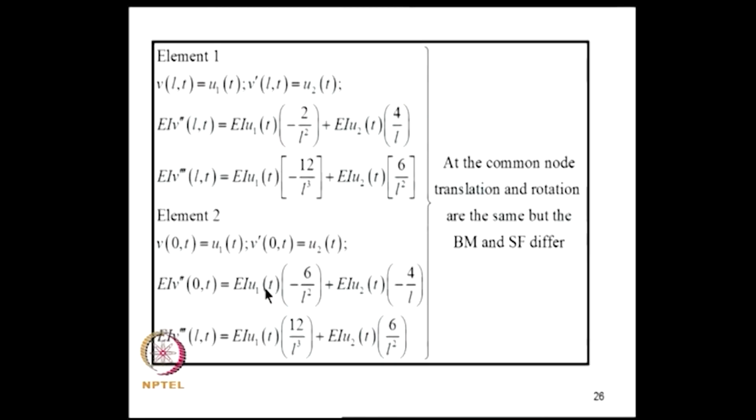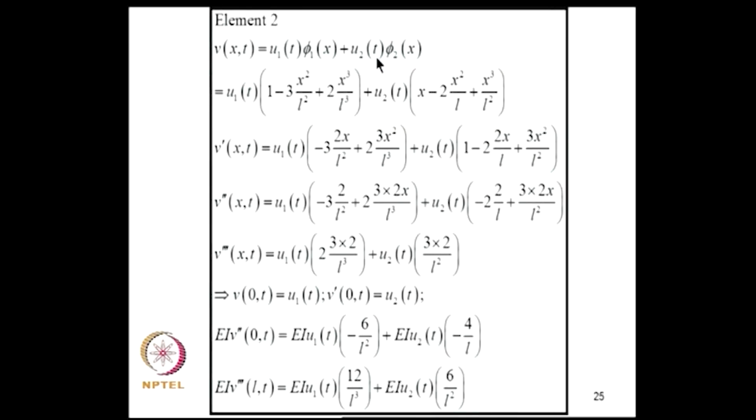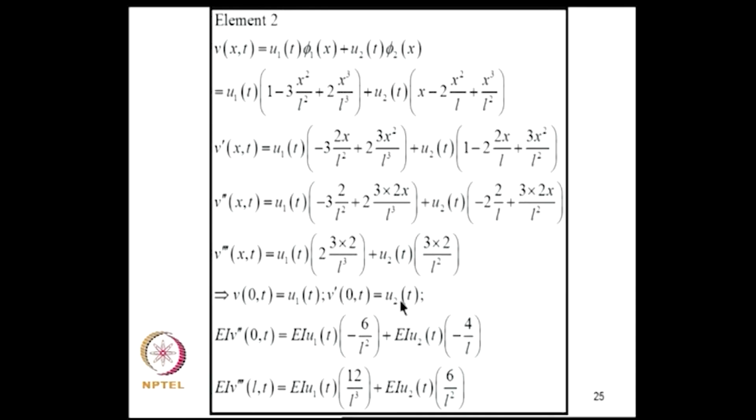This common point is at x equal to 0 in the local coordinate system. So I get the translation to be u1 and the slope to be u2, which is fine, because I got the same result when I viewed the common point as a member of the first element. The same values I am also getting when I view that point as a member of the second element.